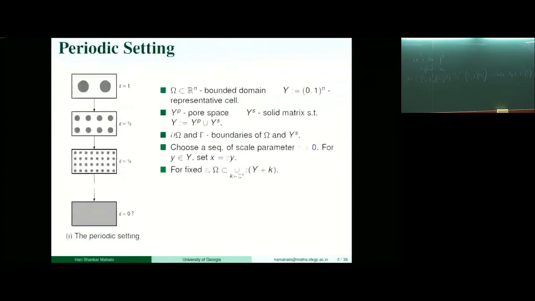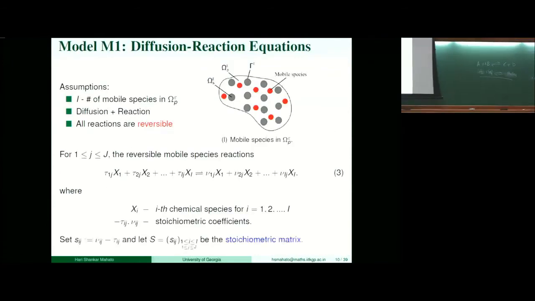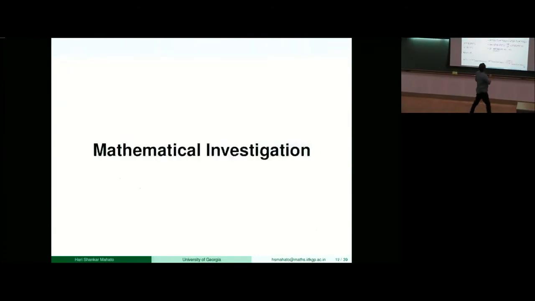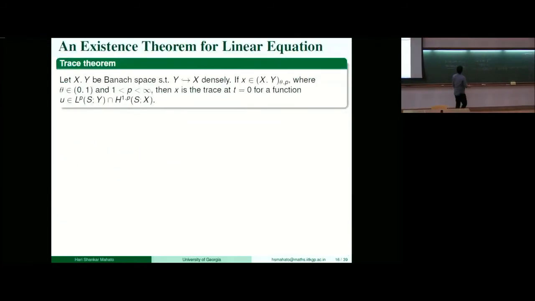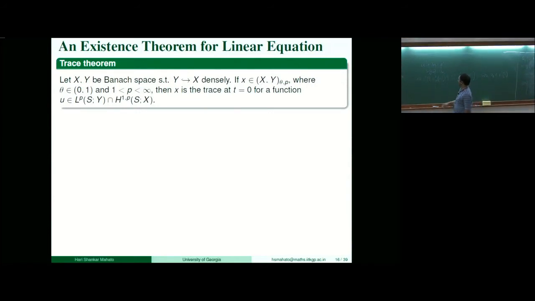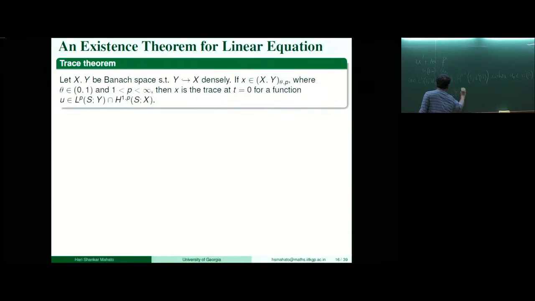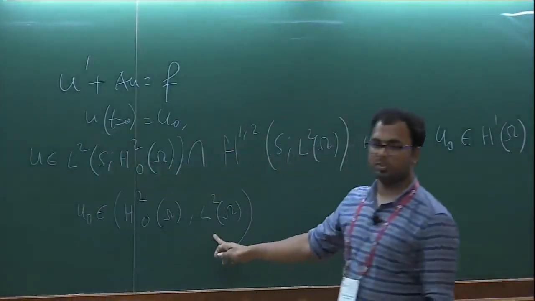because this trace theorem says that for t equals to 0, u0 will belong to the interpolation of this one and this one. So our u0 will belong in the interpolation of this one.